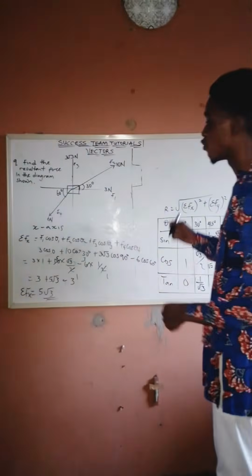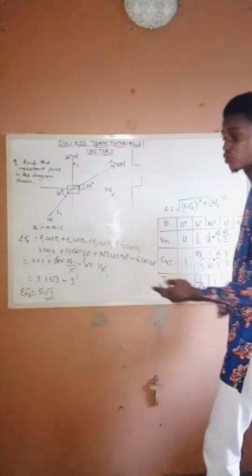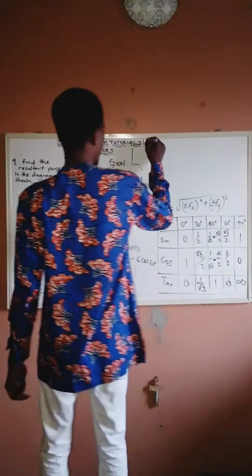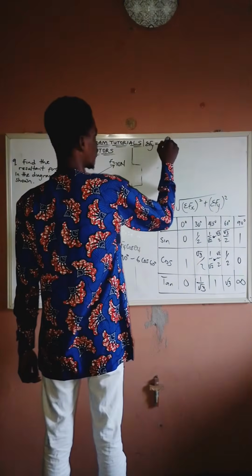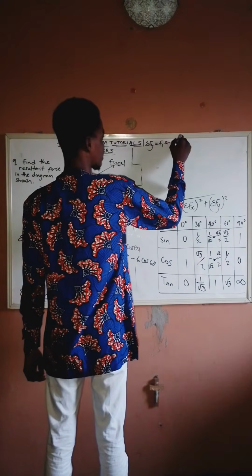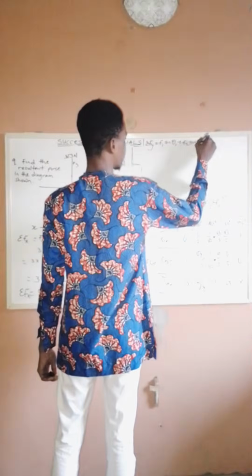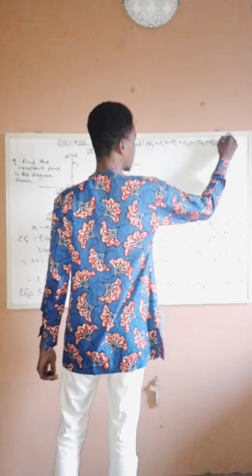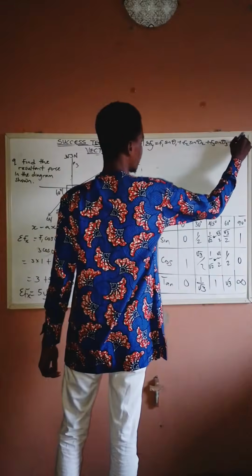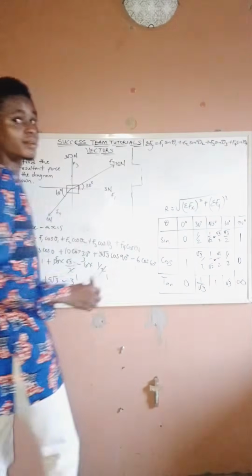So ΣFy is sine. So ΣFy is equal to F1 sine theta 1 plus F2 sine theta 2 plus F3 sine theta 3 plus F4 sine theta 4. Exactly.